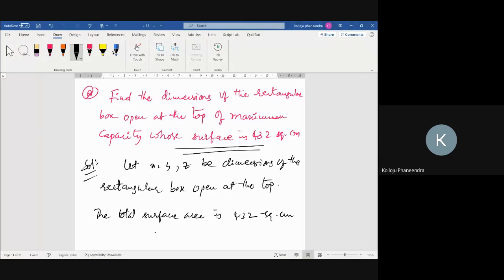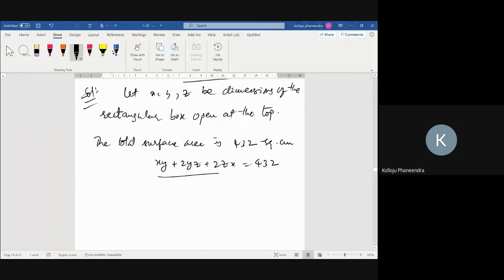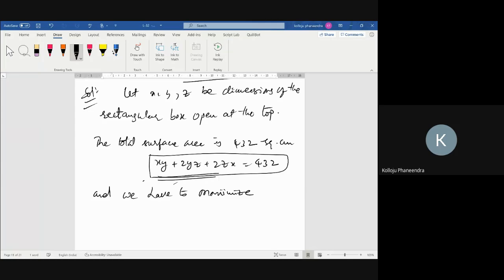Same thing, xy plus 2yz plus 2zx is 432. Previously we minimized this surface area. But here the surface area value is given in the problem, and what we have to get is the maximum capacity, so we have to maximize the capacity of the box.